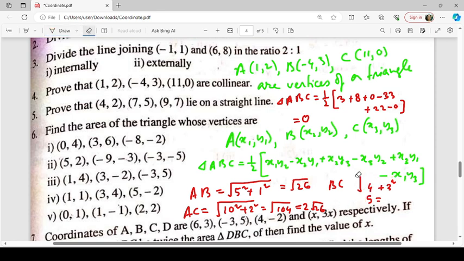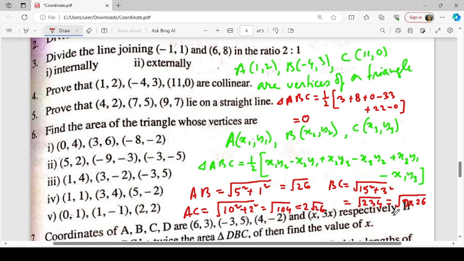BC is root over (-4 minus 11), minus 15 is 15 square, 15 square plus 3 square is equal to 225 plus 9, it is 234. 234 is 9 into 26.